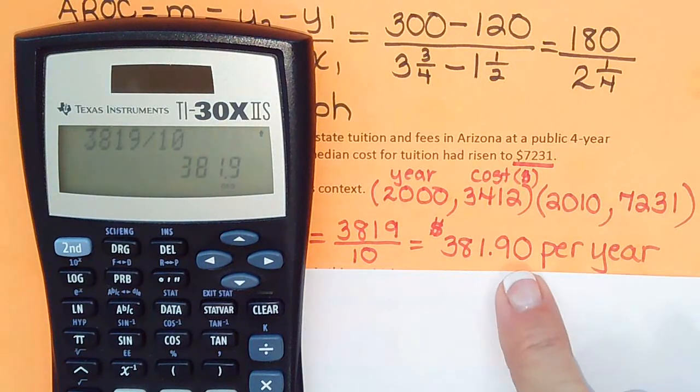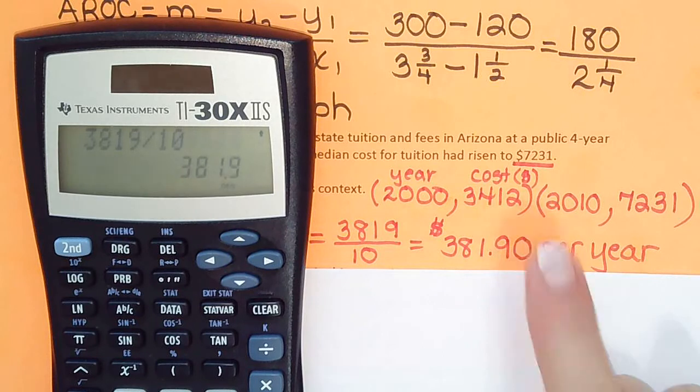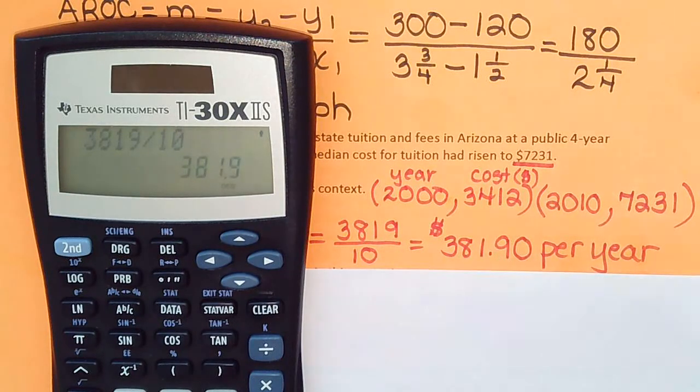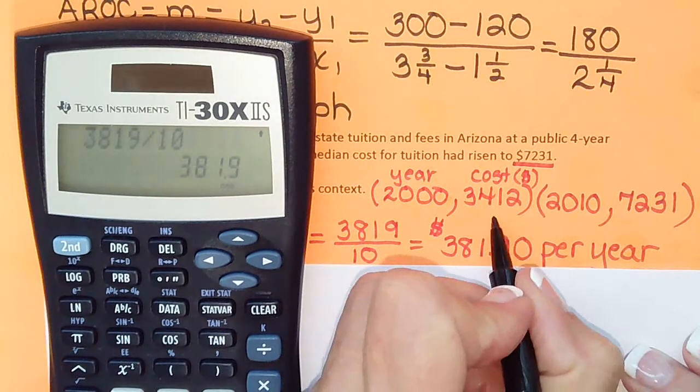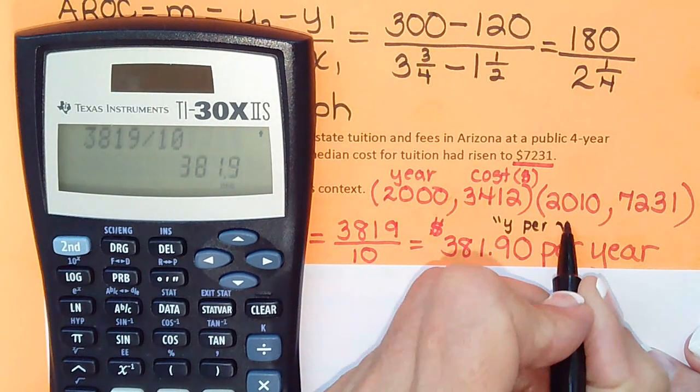So notice how I added in the 0, and it is wrong. Alex will count it wrong, and so will I, if you don't have 2 decimal places on money. Now, if it's a whole number, that's fine, $381. But we would never write $381.9 per year. So make sure you put that 0 in, because your calculator's not going to give it to you. And this again is y per x.